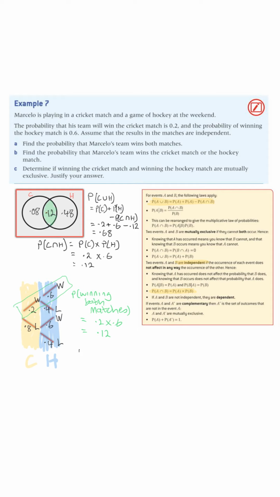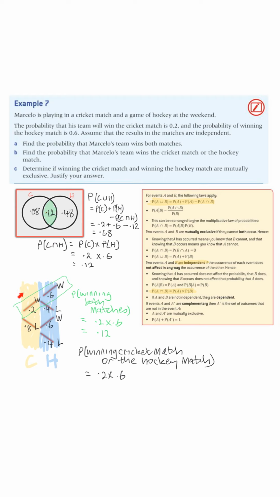Okay, so that would be the probability of winning the cricket match or the hockey match equals the probability 0.2 times 0.6. That's that line. Okay, that's winning both, which represents there.